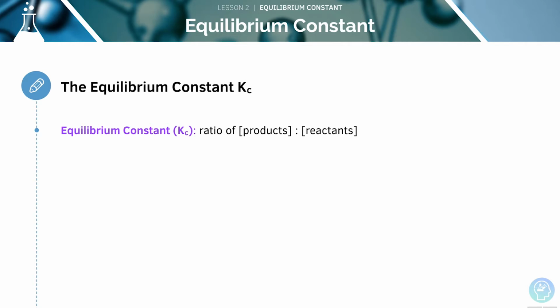The equilibrium constant is defined as the ratio of concentration of products to the concentration of reactants. The equilibrium concentration can be calculated by finding the equilibrium constant.